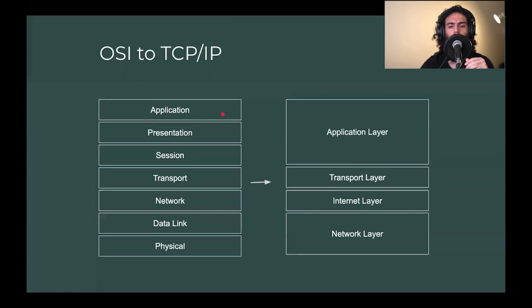So for example, the OSI has 7 layers instead of 4, but you can see here, TCP encompasses the first 3: application, presentation, session. TCP considers them as one. And it makes sense. Any application that you know of, Facebook, Twitter, YouTube, they all have a presentation component, meaning there's a user interface, and there's something called a session, right?